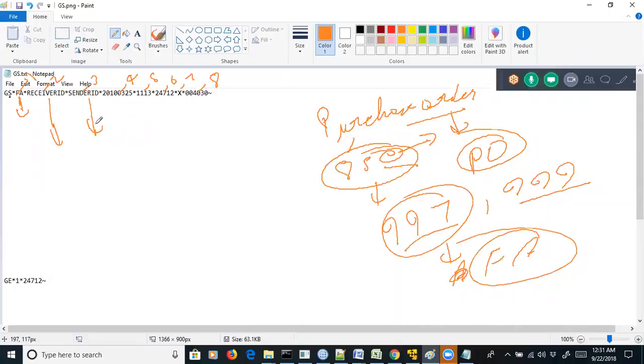So it identifies 2 organizations. In the group envelope, this sender ID and receiver ID are nothing but the departments in the company.